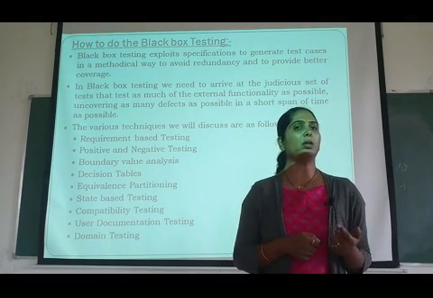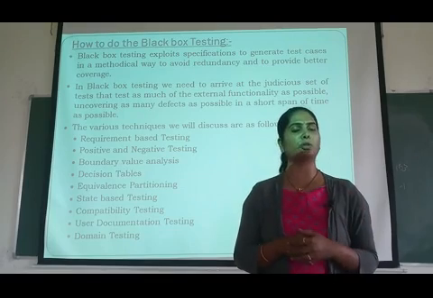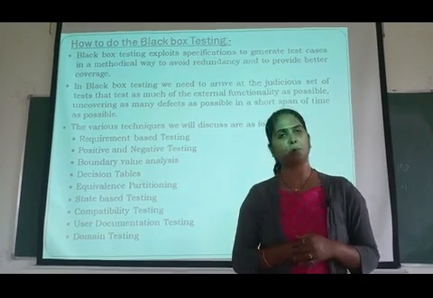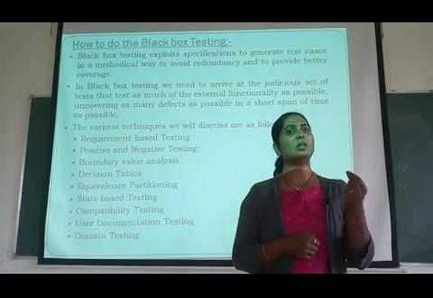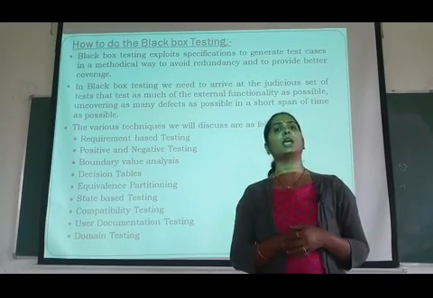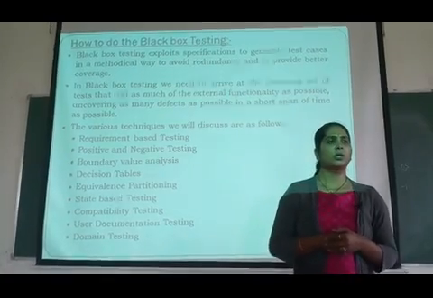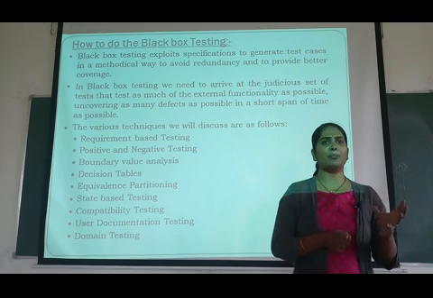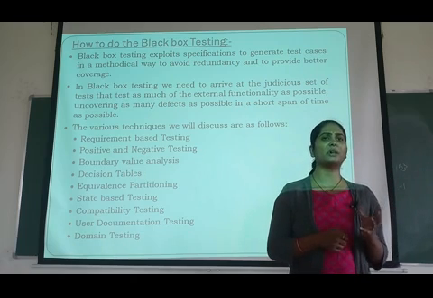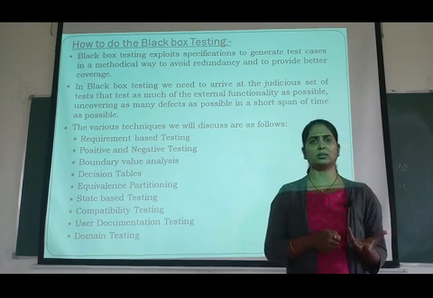Why? Because when we were learning white box testing, we saw unit testing, which is a part of white box testing. So this is one of the types of white box testing. Simply like that, black box testing also has different types of techniques.